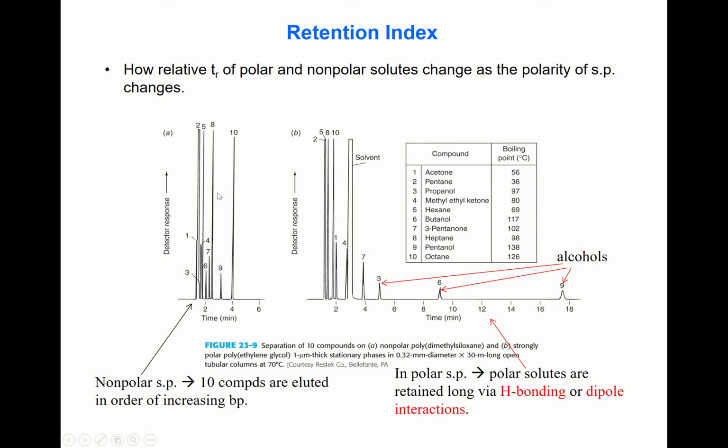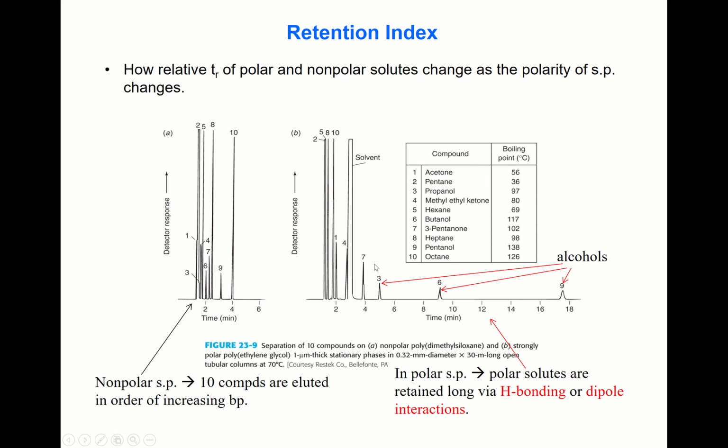Different stationary phases are used for separating the same 10 compounds. Figure A was obtained with a non-polar stationary phase, which is polydimethyl siloxane.